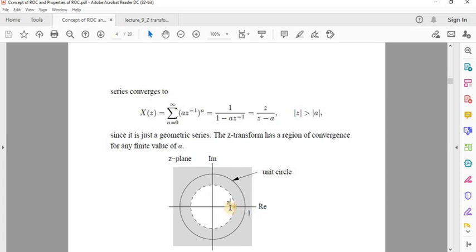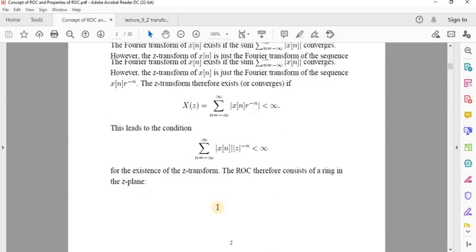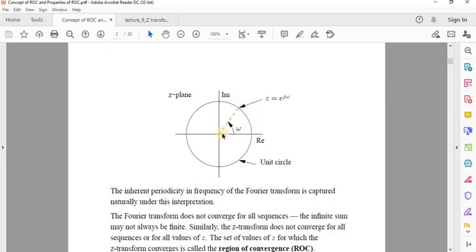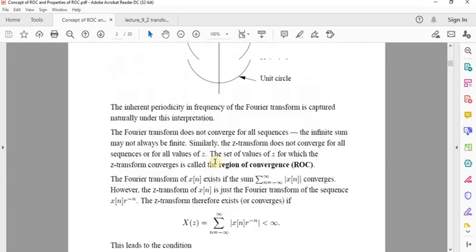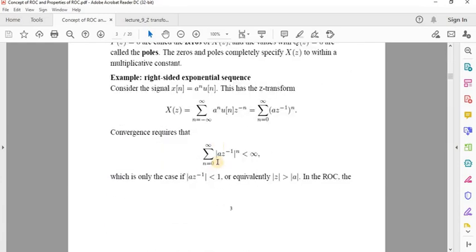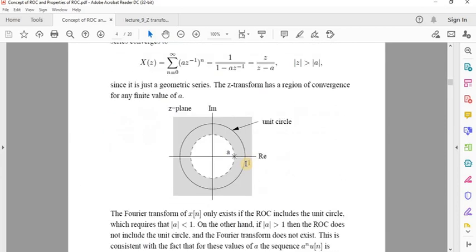This is where I've plotted alpha, and this is the unit circle, with radius r equals 1. For a right-handed sequence the region of convergence is outside the pole. Inside the pole we cannot indicate the region of convergence. We have to indicate the region of convergence outside the pole A.